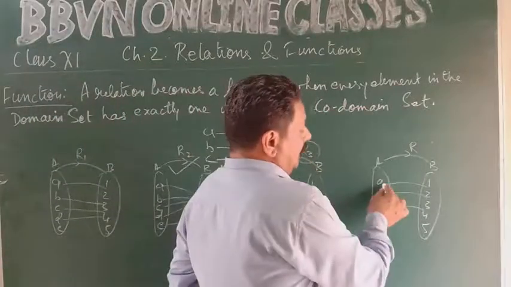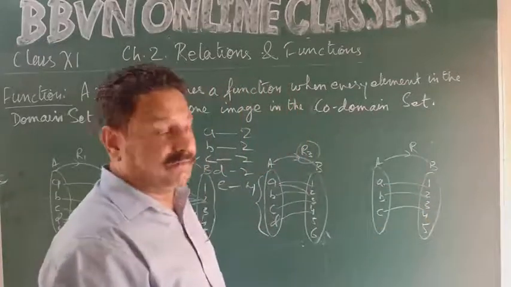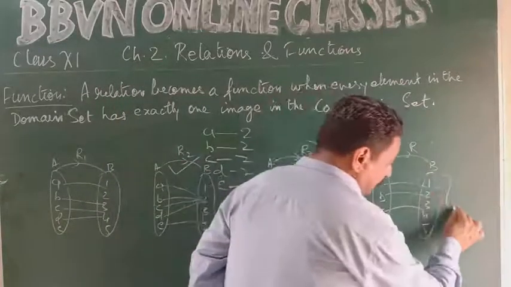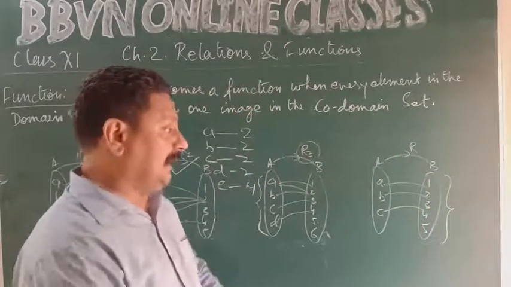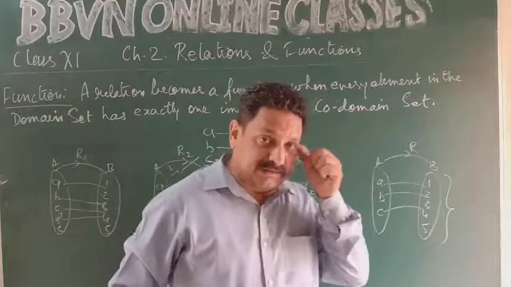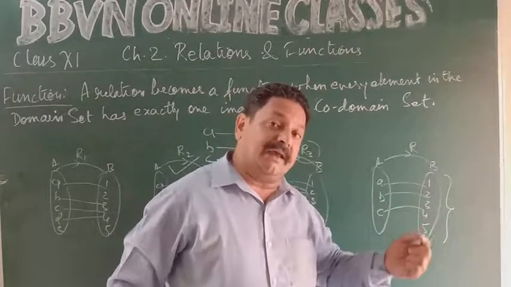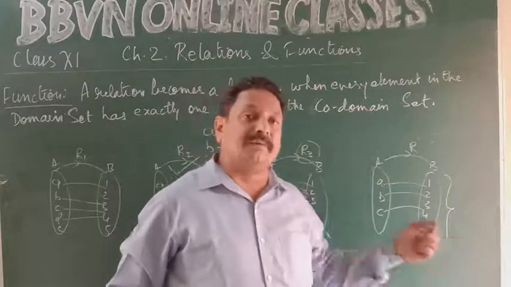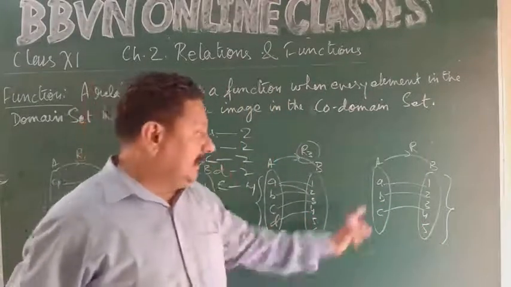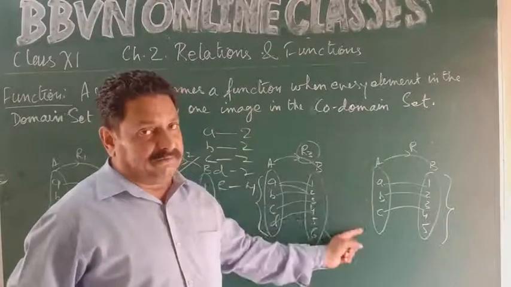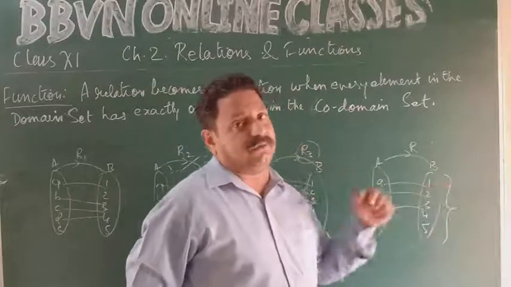Here, every element in the domain set has exactly one image. Any element in the codomain set can remain unassociated. Every element of the codomain set may or may not be the image of an element in the domain set, but every element in the domain set should have exactly one image in the codomain set.